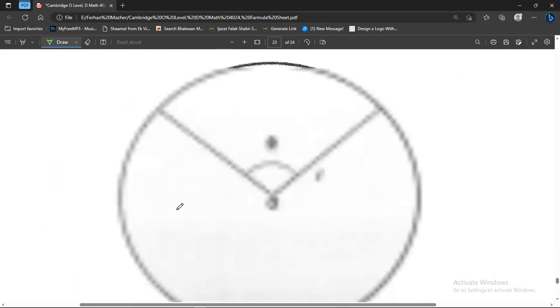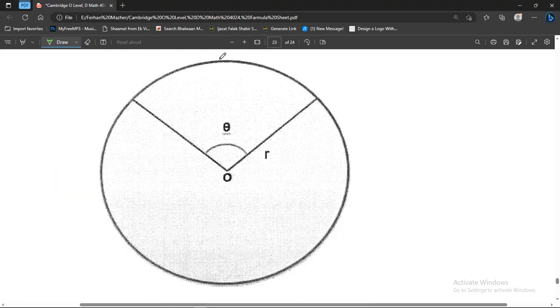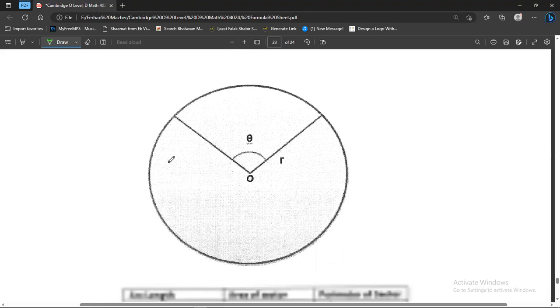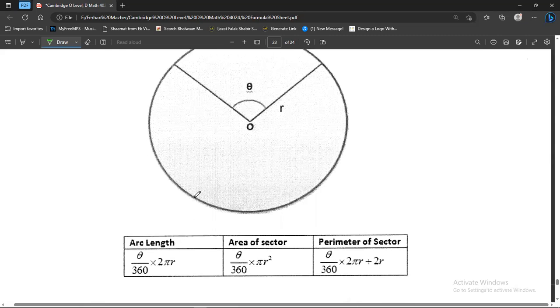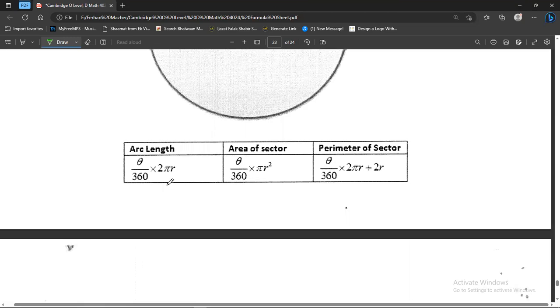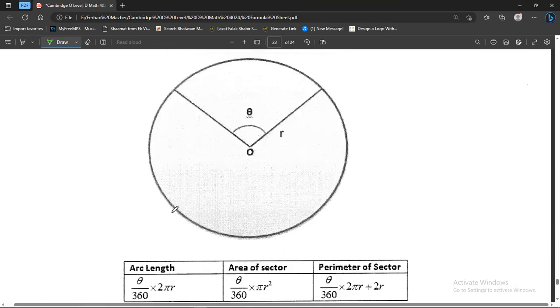Okay, then we have this shape, and in this shape you can see, let me show you. Remember this shape, this is the center, this is the radius, this is the angle subtended by this minor arc, theta. This arc length will be equal to theta by 360 times 2 pi r.